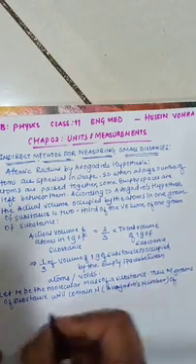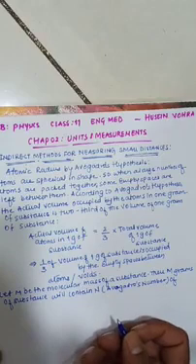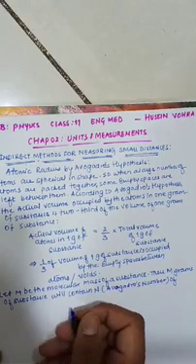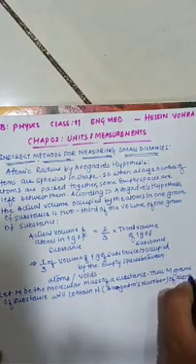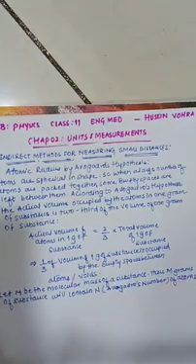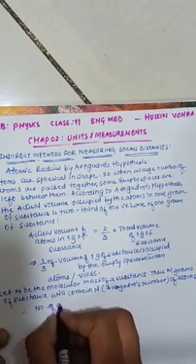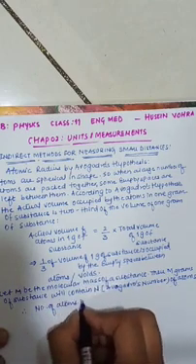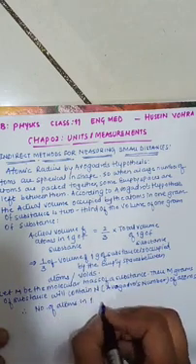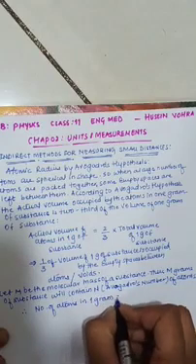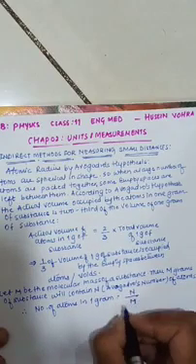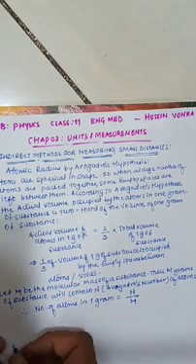Yes or no? That everybody knows. In one molecular mass, how many atoms are contained? Avogadro number of atoms. Till this clear? Therefore, number of atoms in 1 gram is equal to what? Avogadro number N divided by what? Molecular mass M.